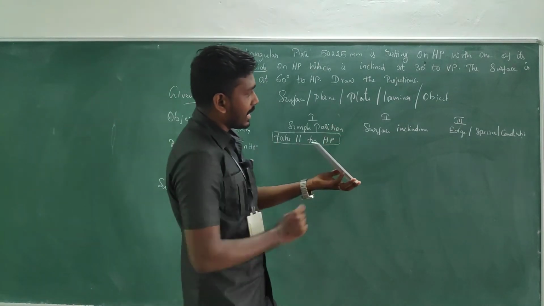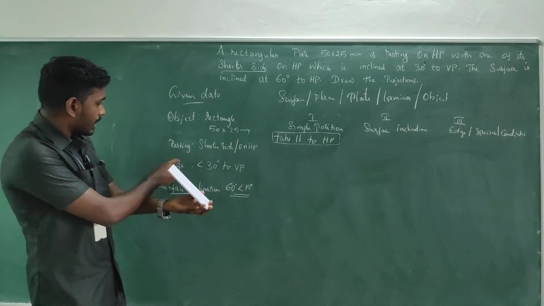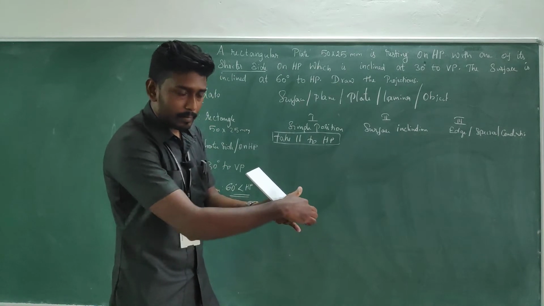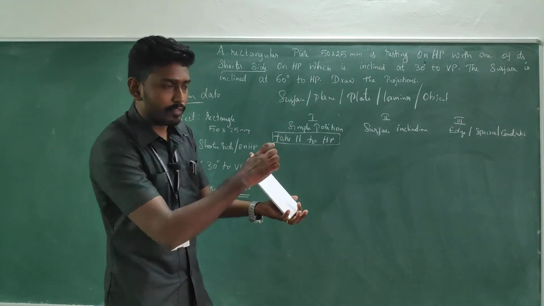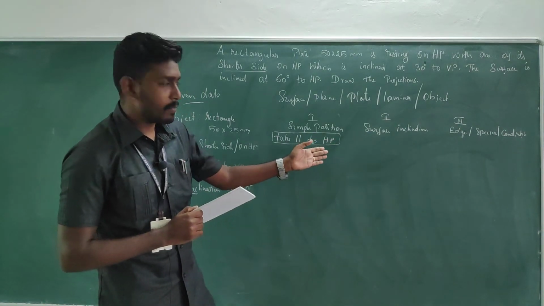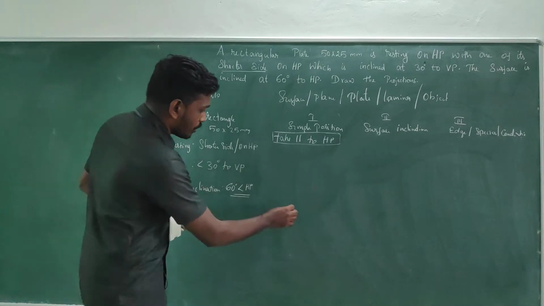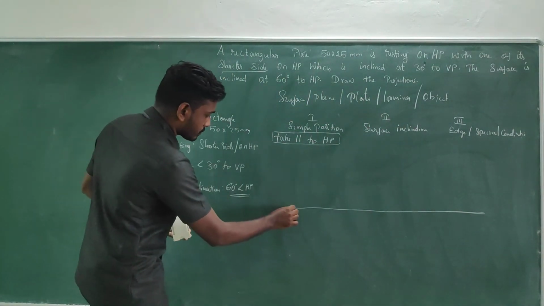And next, in the third stage, in order to achieve the edge inclination, the resting edge which is on the horizontal plane will be tilted something like this. For that we will get the projection. Okay, just start working with the first simple position. For that, draw the reference line XY.